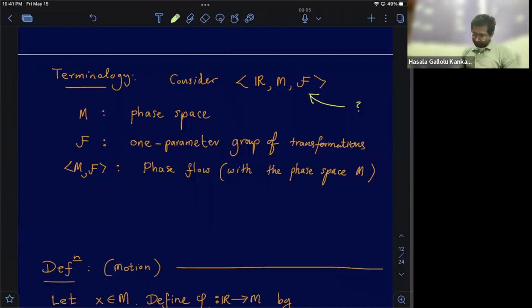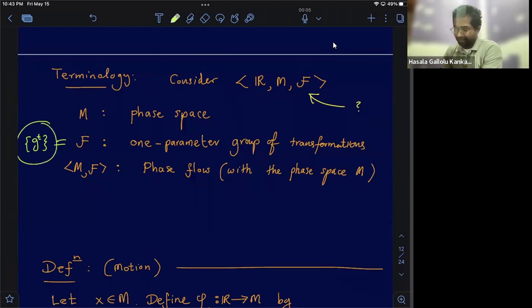One parameter group. So in the forthcoming work, sometimes without saying this, especially in the textbook also, it's preferred writing the set just like GT with curly brackets around it, just to indicate it is a collection. So we can use this symbol to indicate the collection of the one parameter group of transformations without any problem.